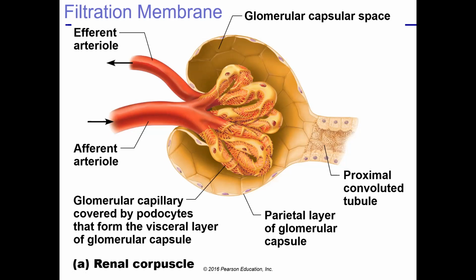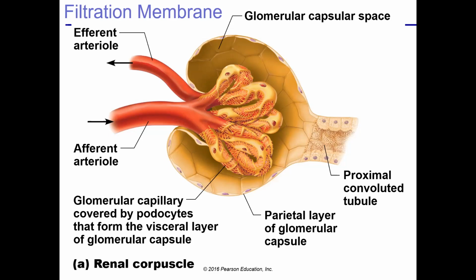The pressure inside the glomerulus drops, obviously, because it spreads out, but it's still greater than the pressure in Bowman's capsule. So the plasma is pushed out into Bowman's capsule. There is back pressure from the capsule and the filtrate that's already in the tubule, but it's not enough to prevent the flow of plasma out of the glomerulus.